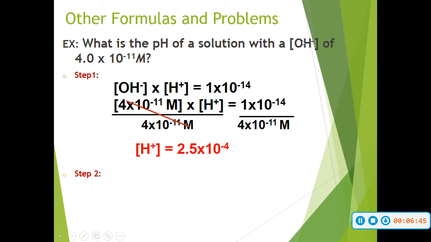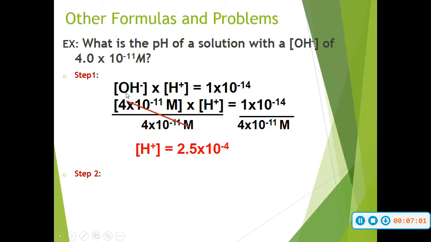Well, if you remember, the only formula that has the hydroxide ion concentration is our Kw formula, which is this right here. Okay, so this is the only formula we can use with this given.